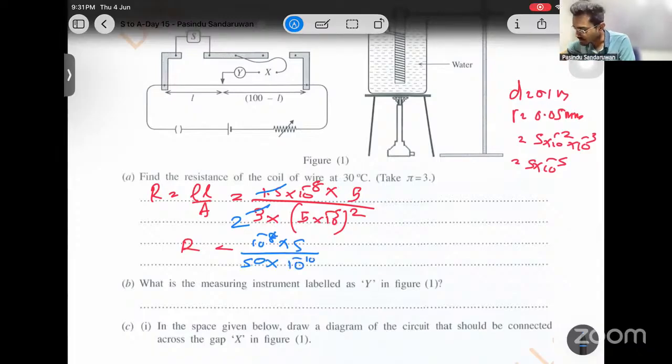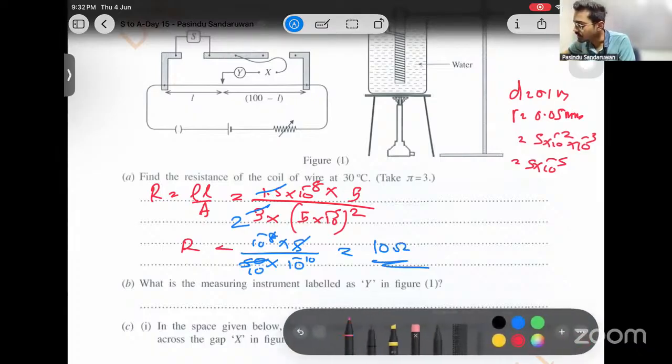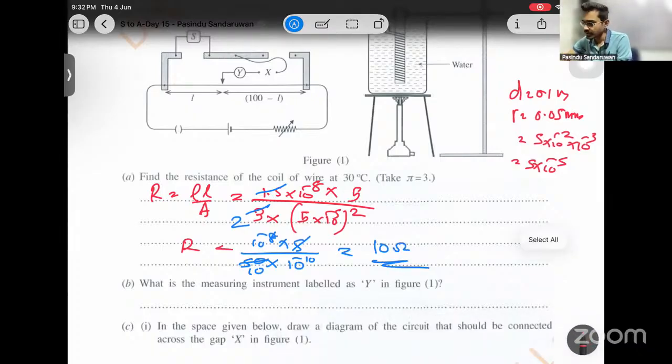Simplify. Finally, 10 to the minus 9 below, 10 to the minus 8 above, which means that is exactly 10 ohms. 10 ohms, right?